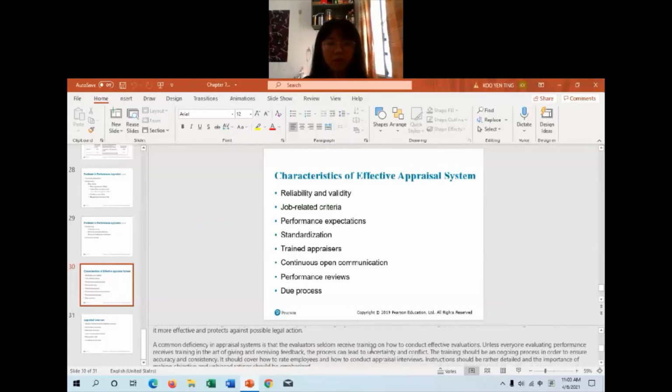A common tendency in appraisal systems is that the evaluator often receives no training on how to conduct an effective evaluation. Unless everyone evaluating performance receives training in the art of giving and receiving feedback, the process can lead to uncertainty and conflict.